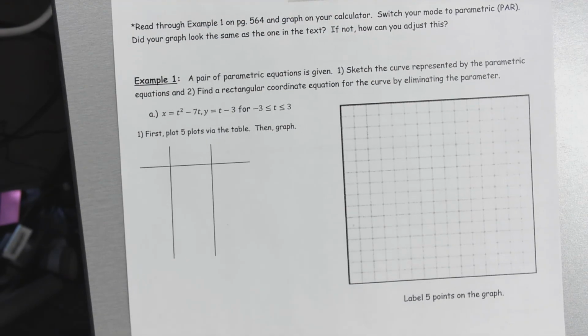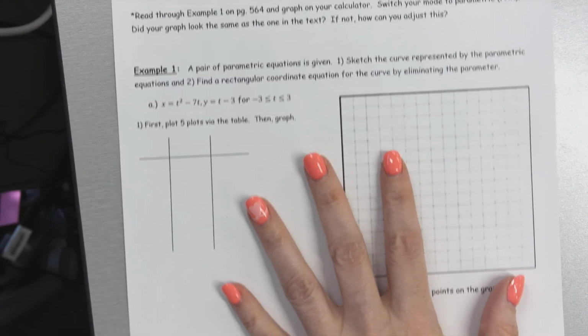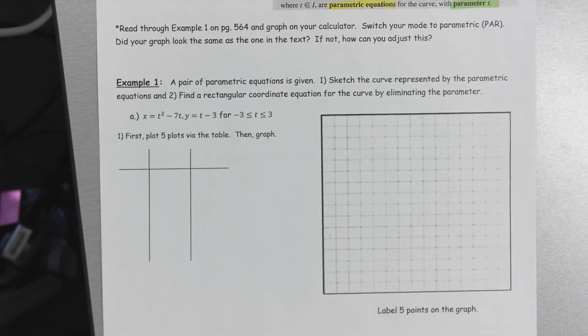Okay, so did your graph look the same? And then what did you need to adjust? Okay, so what specifically did we adjust in the window?